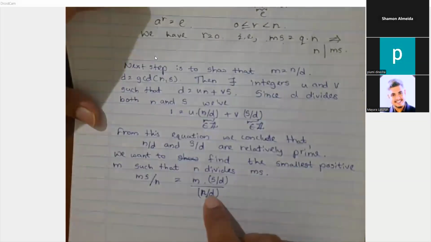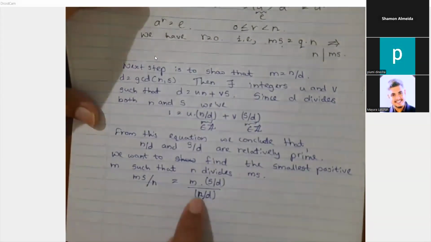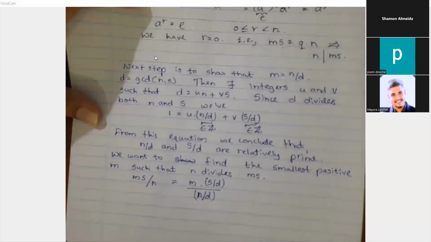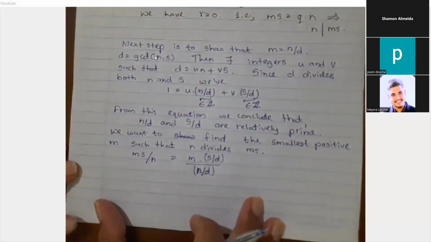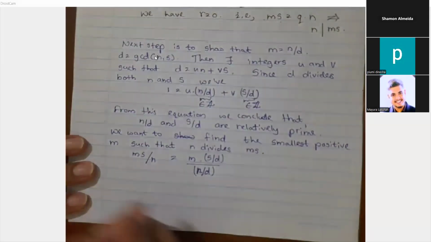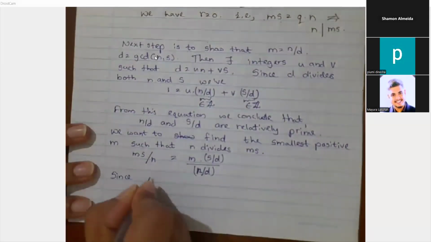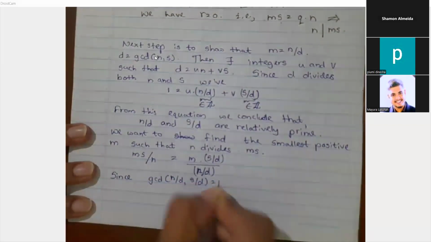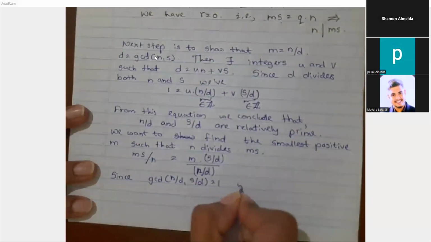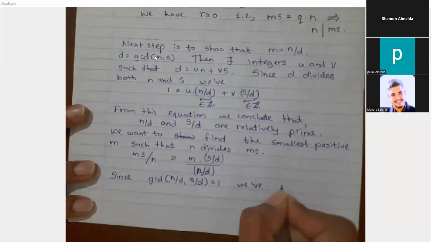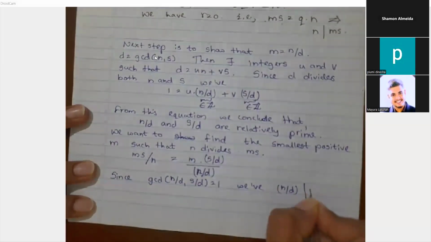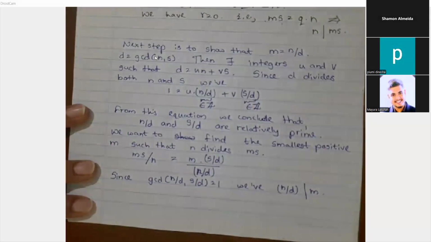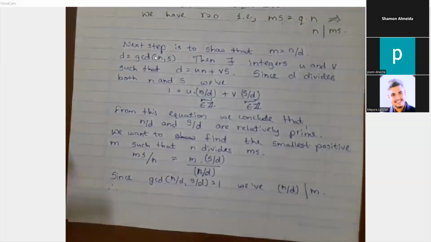So our only possibility, by that result, is n over d dividing m. Since the greatest common divisor of n over d and s over d is equal to 1, those two are relatively prime, and we have n over d divides m. Therefore, the smallest possible m must be equal to n over d.